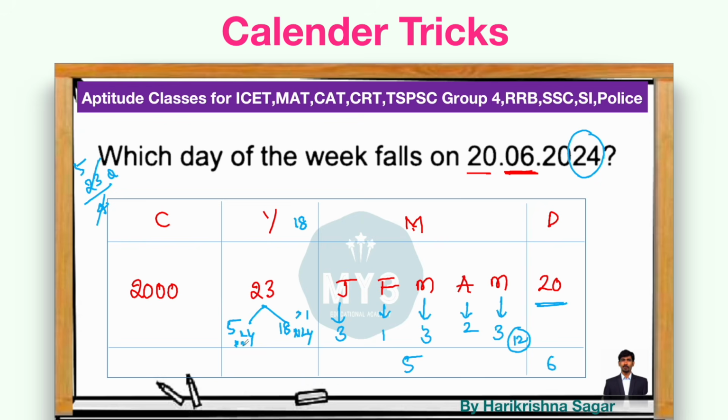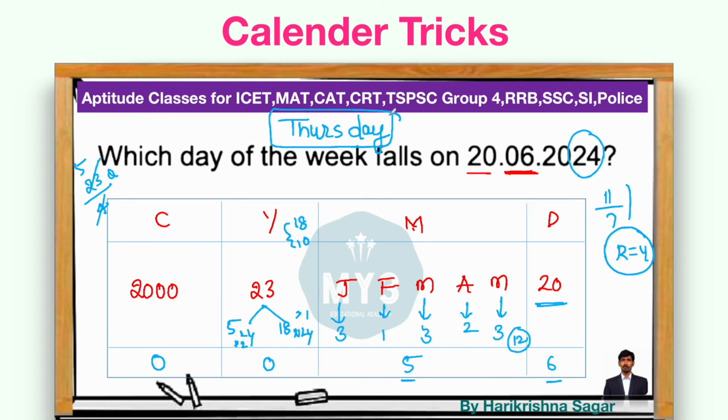A leap year will have 2 odd days, 5 into 2, 10. That means 10 plus 18, 28. 28 means the number of odd days is 0. And for 2000, the number of odd days is 0. Finally, 5 plus 6 is 11. 11 when you divide by 7, I got a final remainder of 4. Because we got a remainder of 4, the answer must be Thursday.